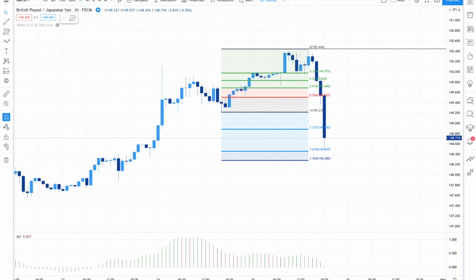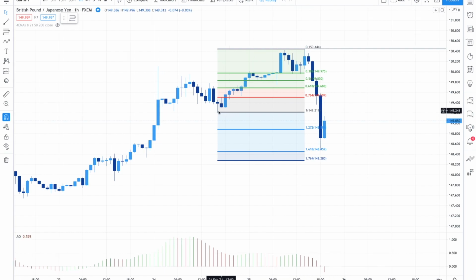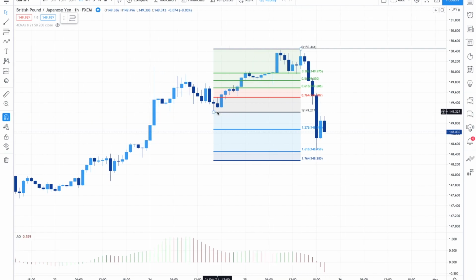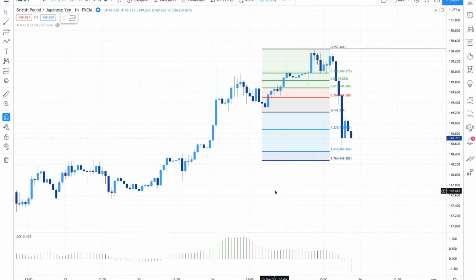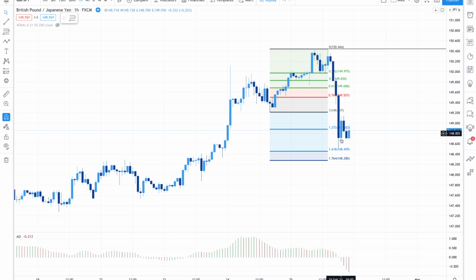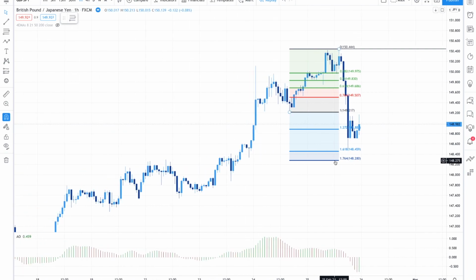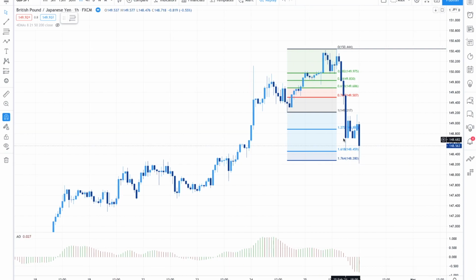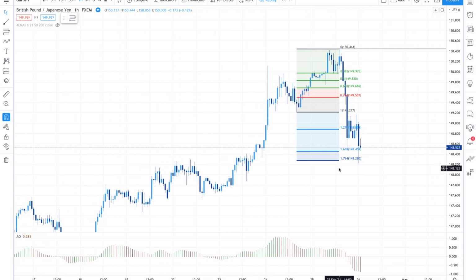Let's allow it to play out a little bit, because then what I want to do is find the next opportunity. So I'm going to leave these fibs on, and I want to see where the price goes to, assuming that I've taken some money off this move already. It's consolidating. Okay, so if it starts consolidating, all right, now we've just stabbed down again.